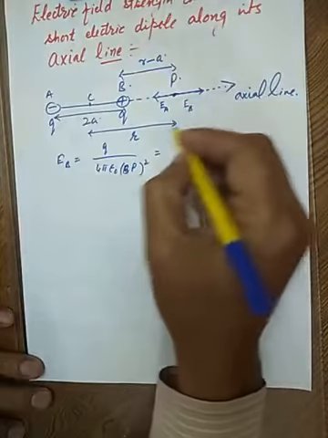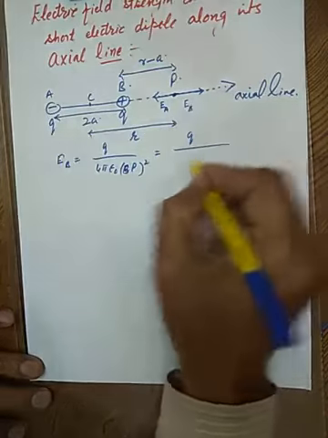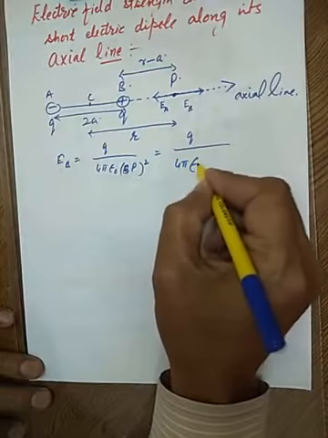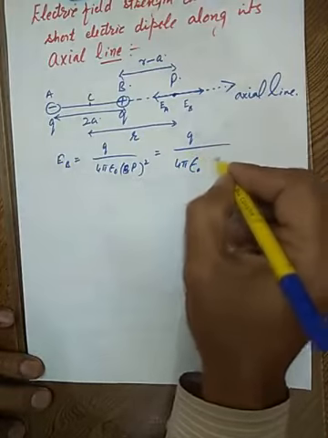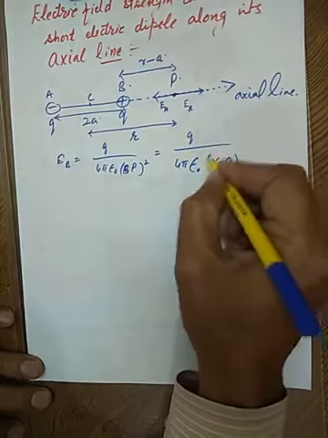So its value is q upon 4 pi epsilon naught into (r minus a) whole squared.